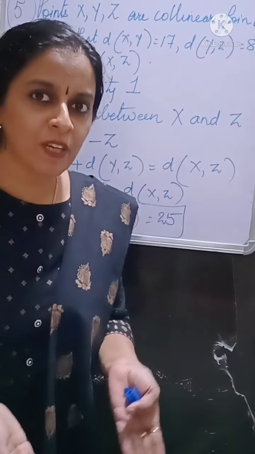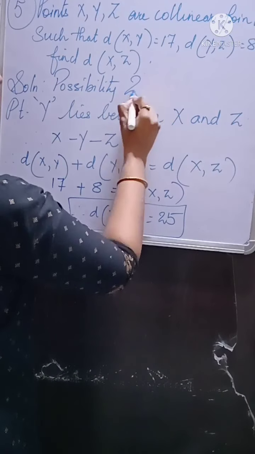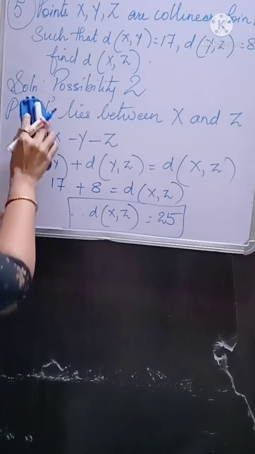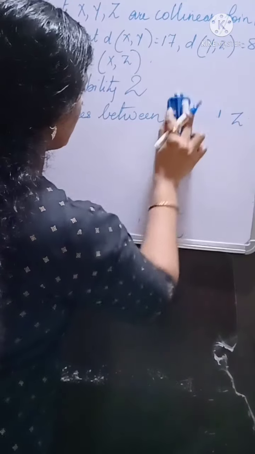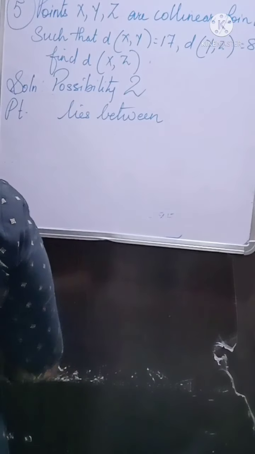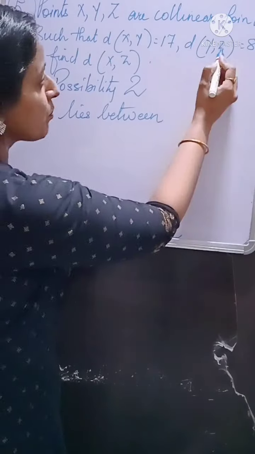Now what is the second possibility? Can you do it? You will write possibility number 2. Look at the Y we had already taken. Now which is the next point?